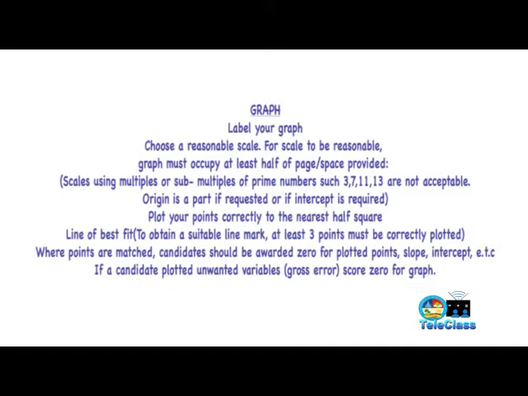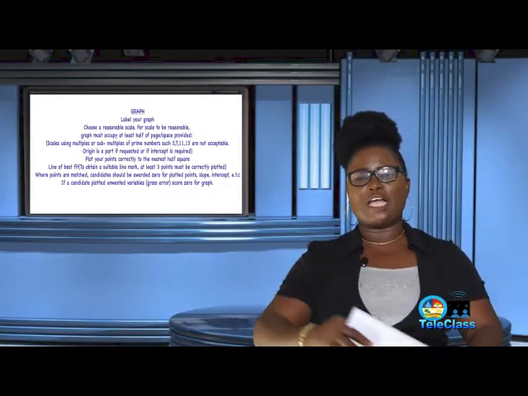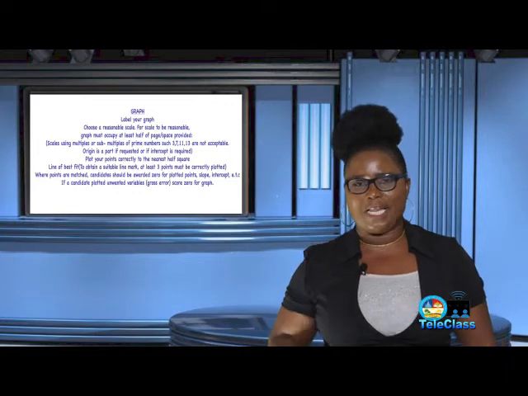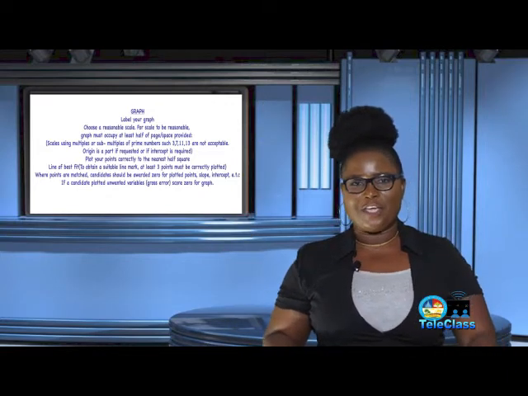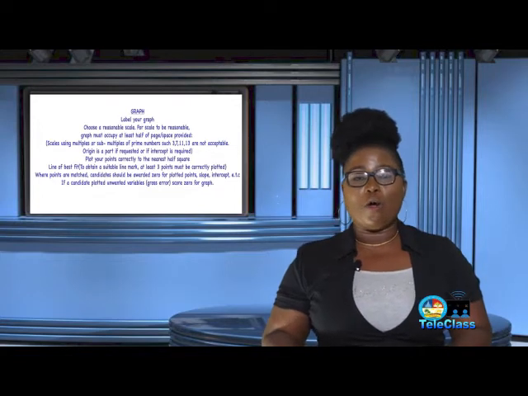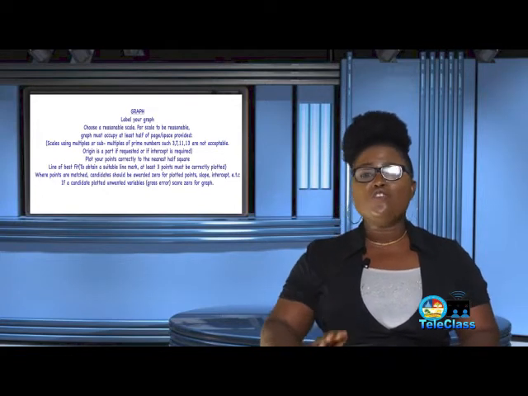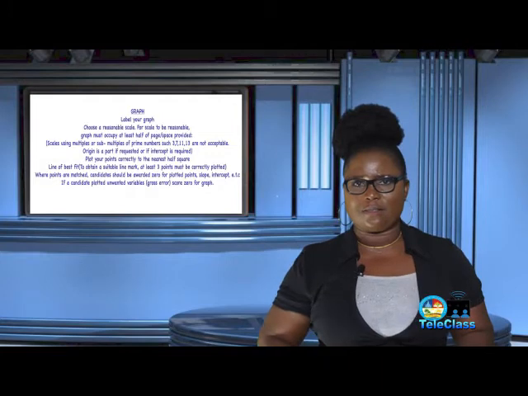So after you have done, there's something we also consider. We talk about match point. You know, there are some students, what they just have on their table, they just lift it to the graph and they just match it, and they have a beautiful straight line graph and they are happy. Ah, wow, yes. No, that is what we call match point. When you do that, you fail everything on that graph.